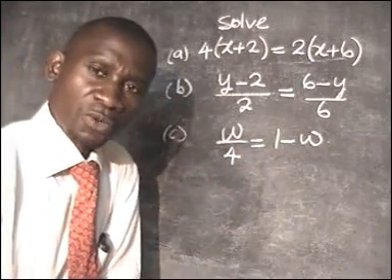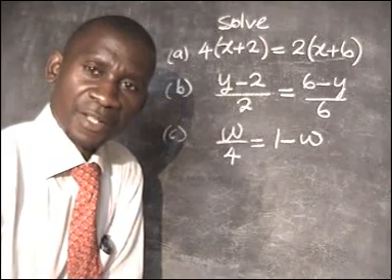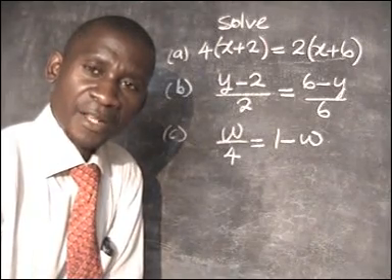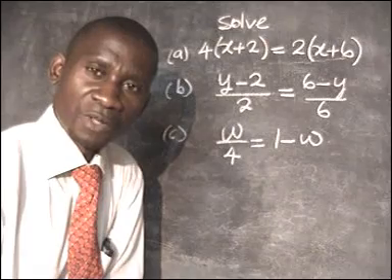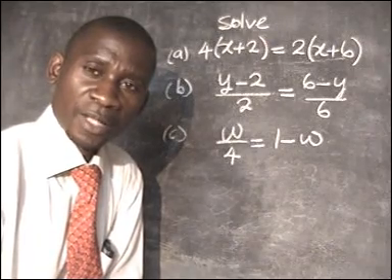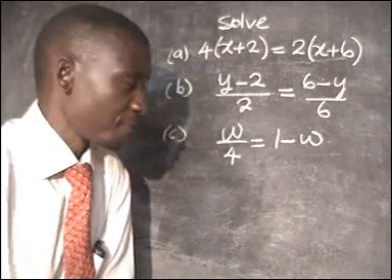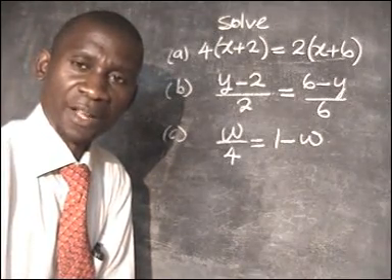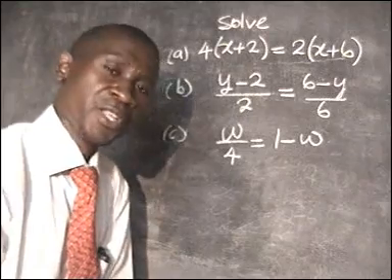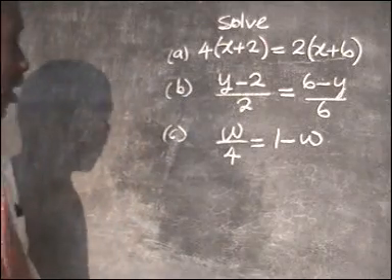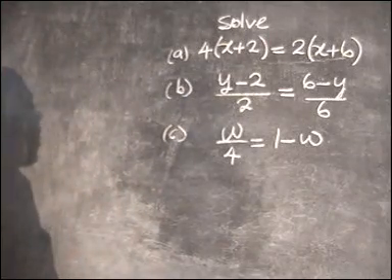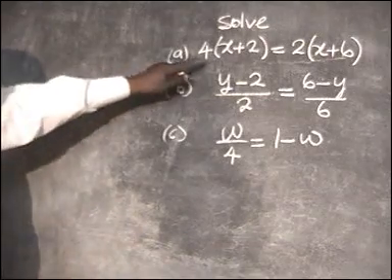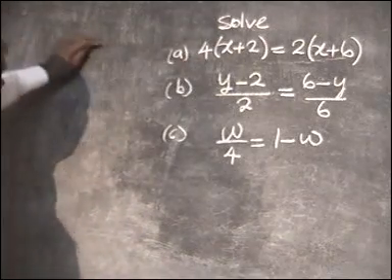Since we are told to solve, it means in each and every case we have to make the unknown data the subject of the formula, and we have to show that process, so that the value of that unknown data, or rather variable, can be found. So without wasting much of your time, look at the first one, which is 4 outside the brackets.